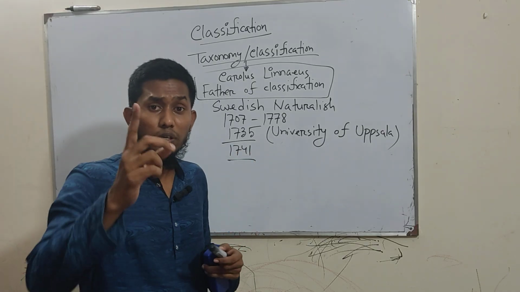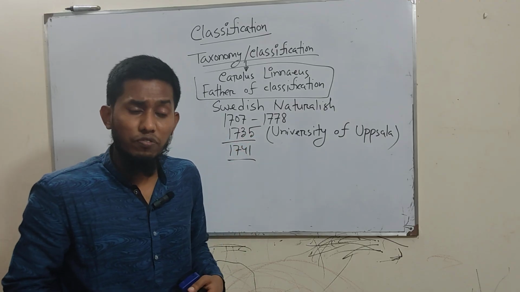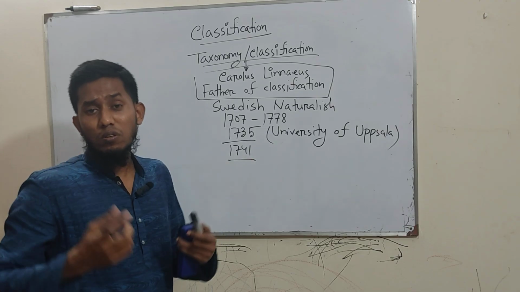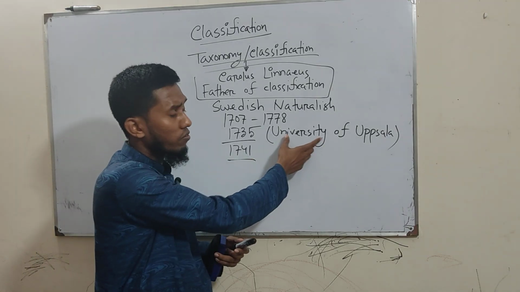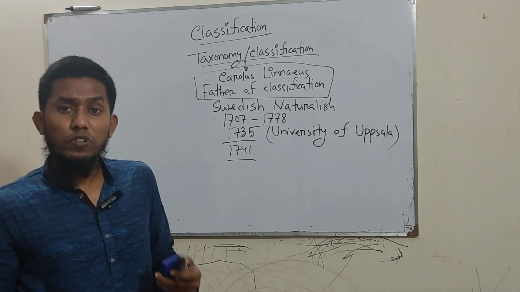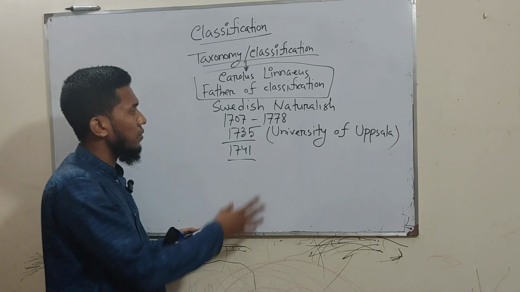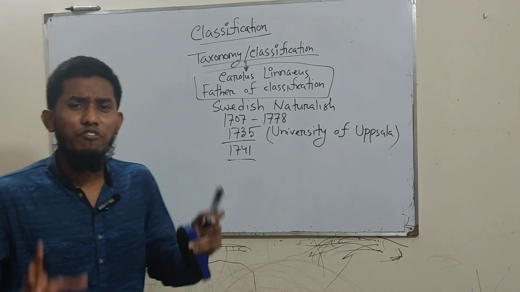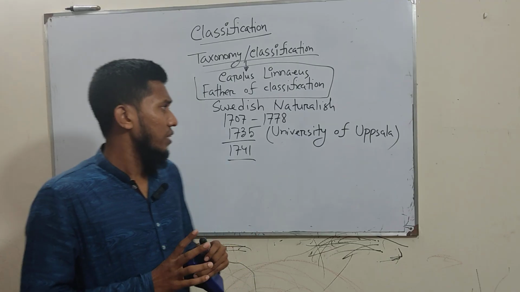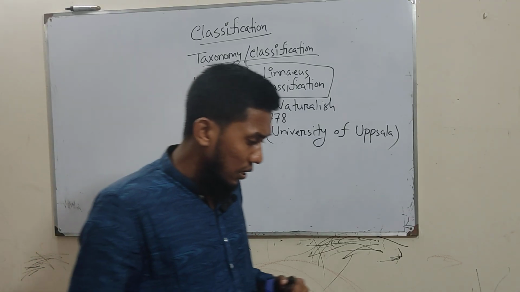So don't forget, he received the degree in 1735 and was appointed professor of anatomy in 1741. This man plays a vital role in nomenclature and taxonomy. That's all about the Swedish naturalist Carolus Linnaeus.